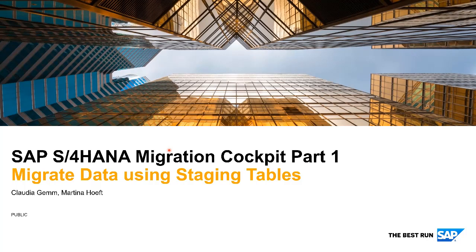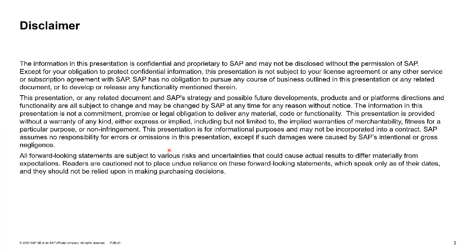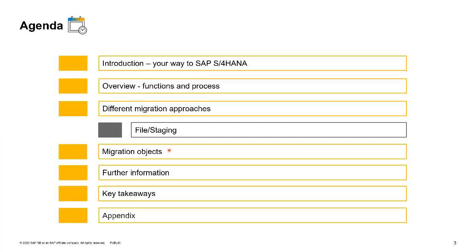Okay, let's start. On our agenda, we have a short view on the different ways to SAP S4HANA and where the migration cockpit is located. We give you some overview about the function and the process, how does it work. And following this, we show you the different migration approaches which are available with a focus on the file staging.